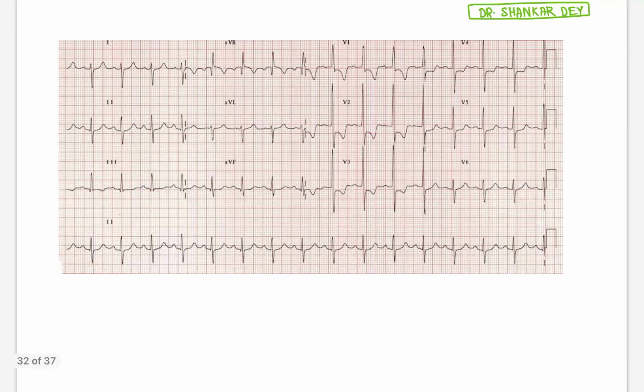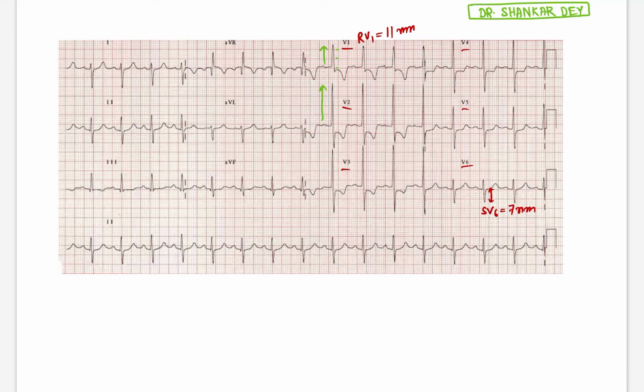In the next ECG we will find out what the pathology is. So this is V1, V2, V3, V4, V5, V6. As you can see very carefully here, the R wave is much larger in V1, in V2. So in this case, as you can see, this is 5, 10, 11. That means RV1 is 11 millimeter and SV6, see, this is SV6. SV6 is 7 millimeter.